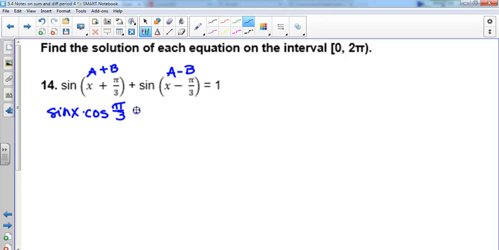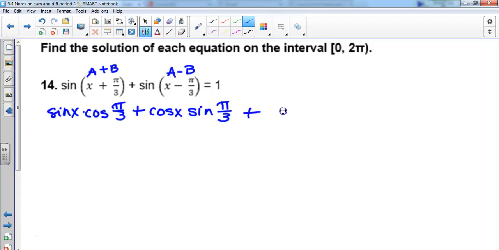Sine a cosine b, then what? Plus cosine a sine b. Everybody doing this? This is on worksheet 6B.